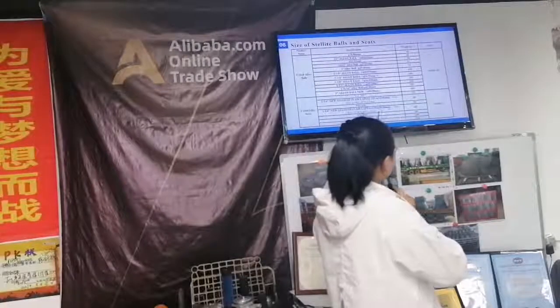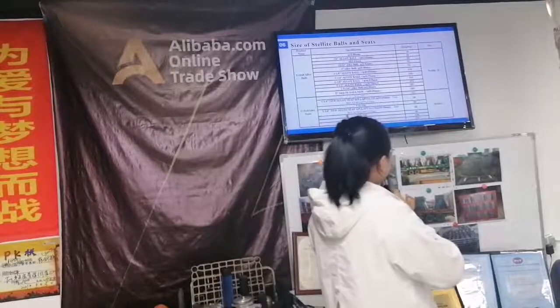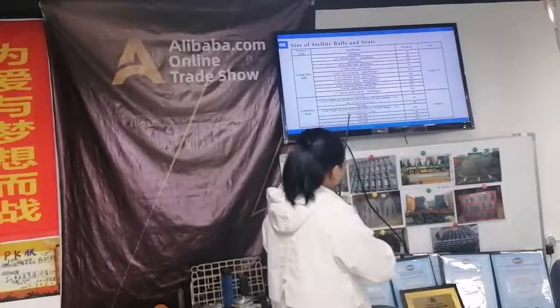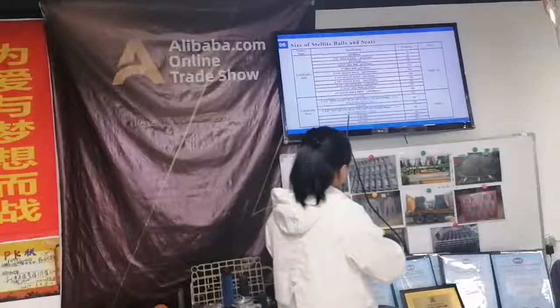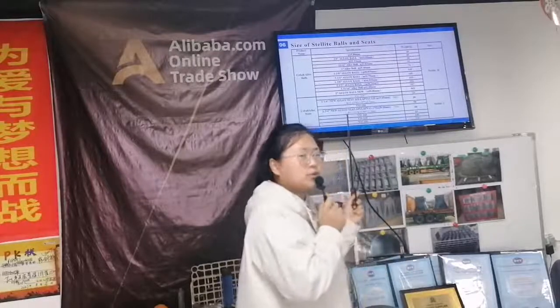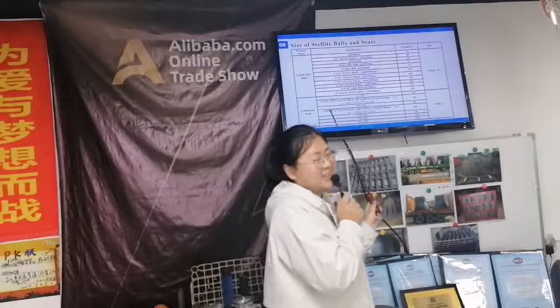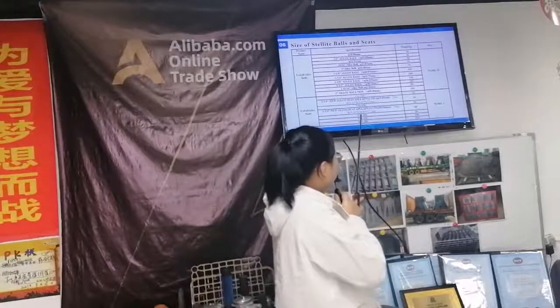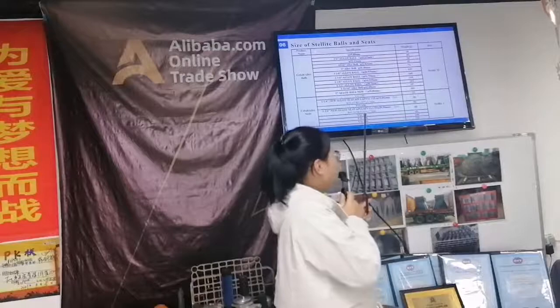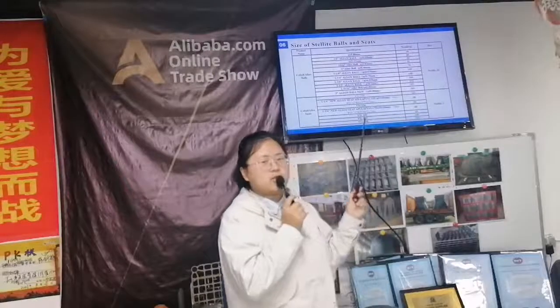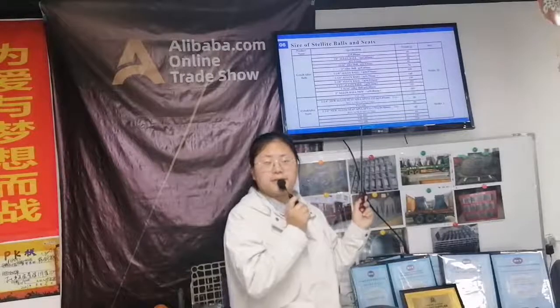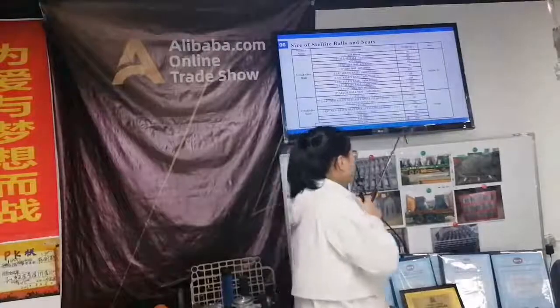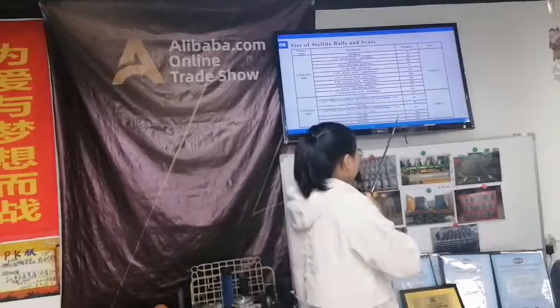The size for seat is outer diameter 34.26 millimeter. Inner diameter is 20.96 millimeter. The height is 12.7 millimeter. The unit weight is 68 grams.